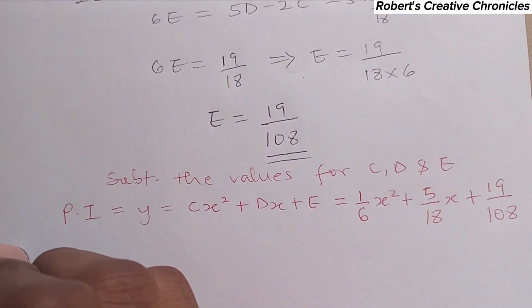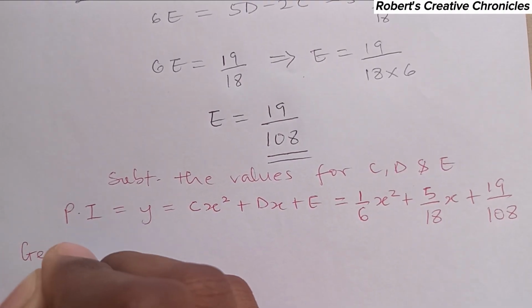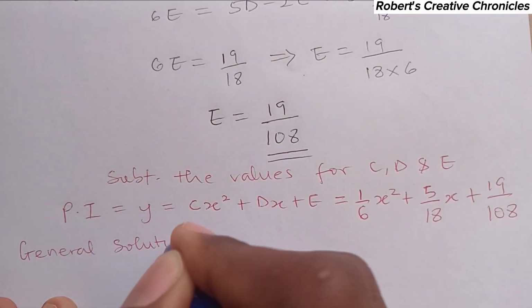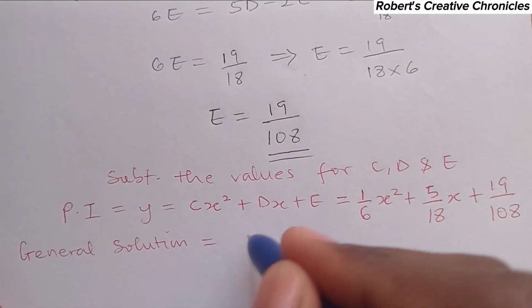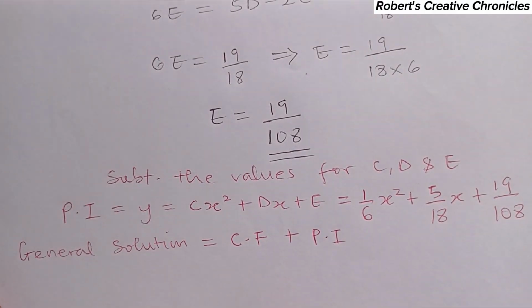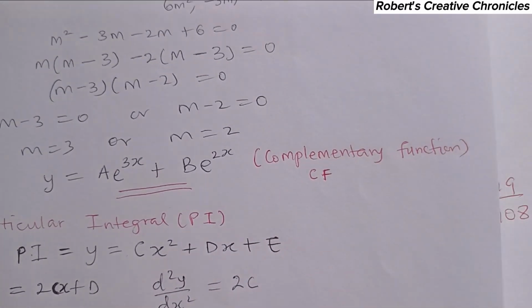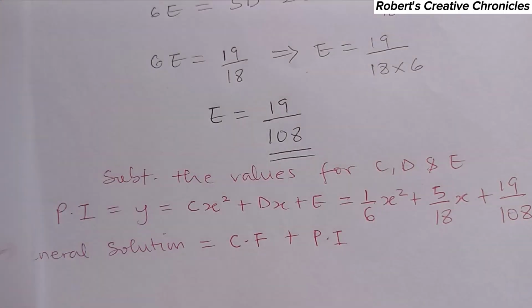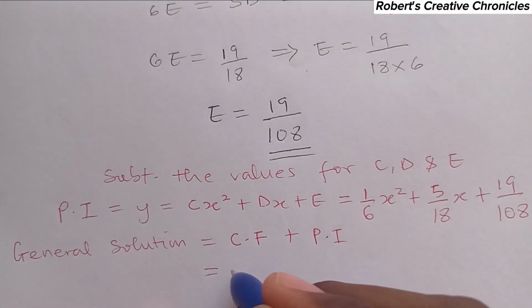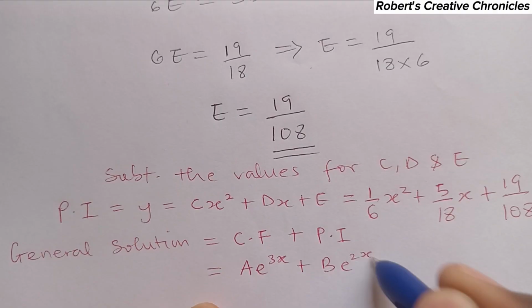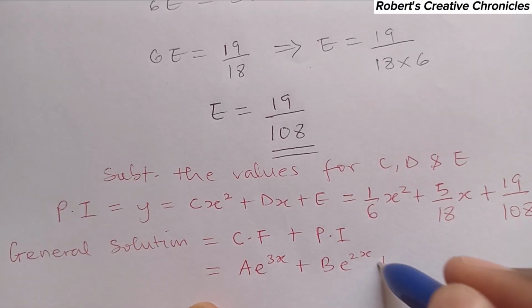Then the general solution. The general solution is given by the complementary function plus the particular integral. So now, this is the complementary function. This y is equal to a exponential 3x plus b exponential 2x. So it will be equal to a exponential 3x plus b exponential 2x plus the particular integral.